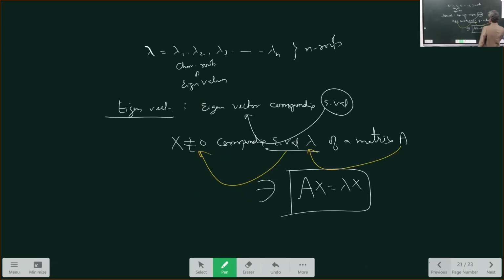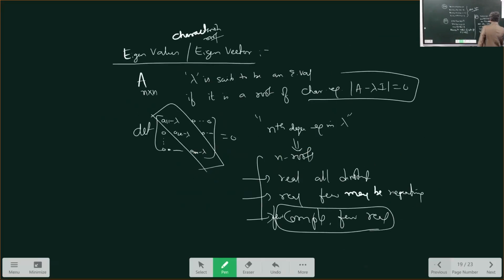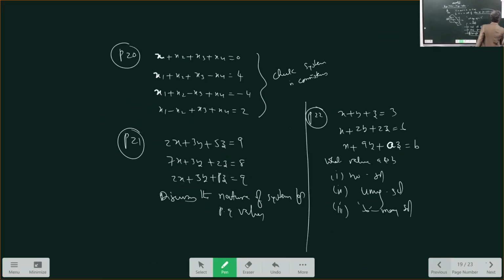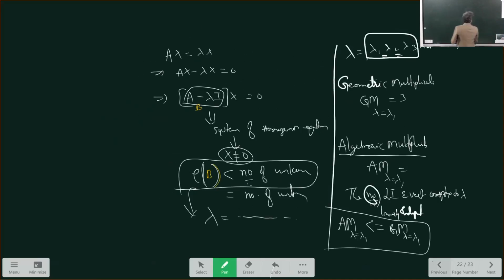So let me go with the problems. Can you give the problem number? The problem number is P22 is completed. P23 is find eigenvalues and corresponding eigenvectors of A, I am giving the A matrix.